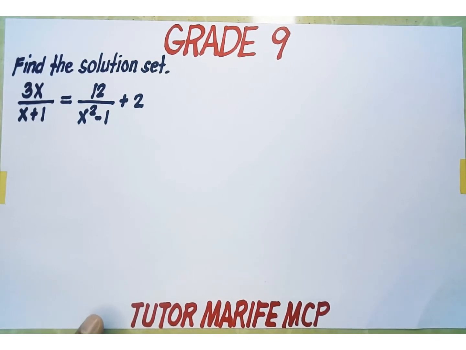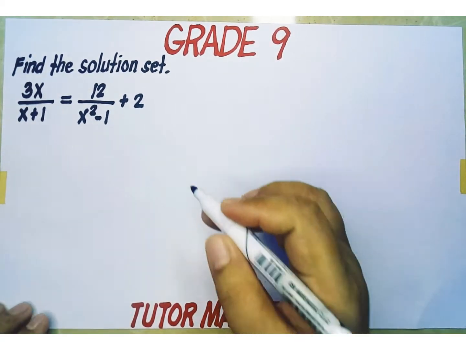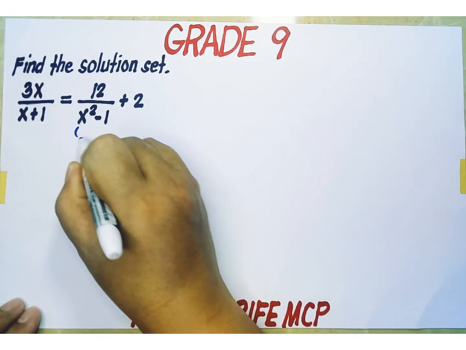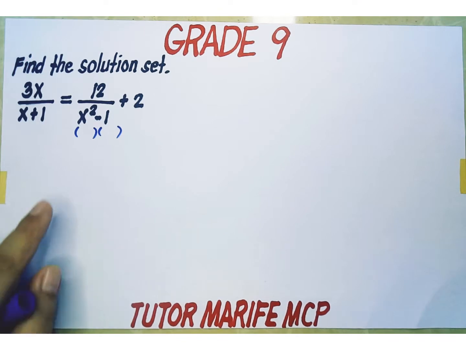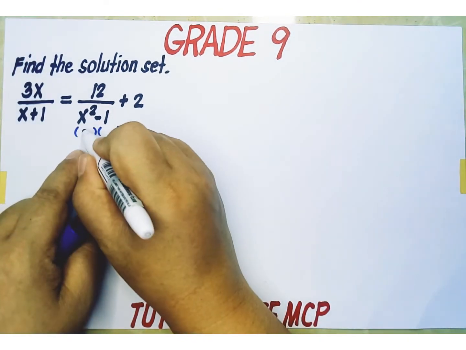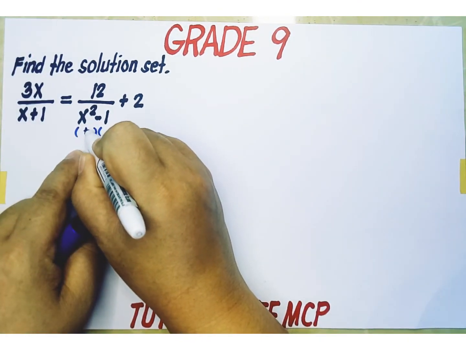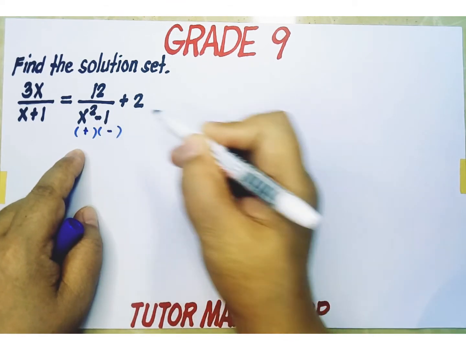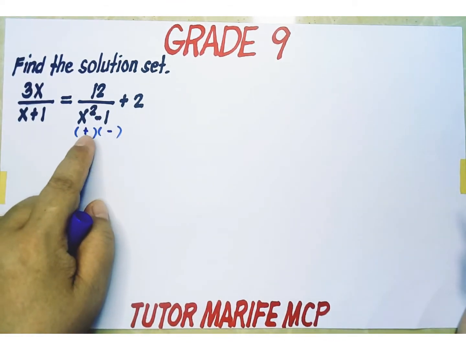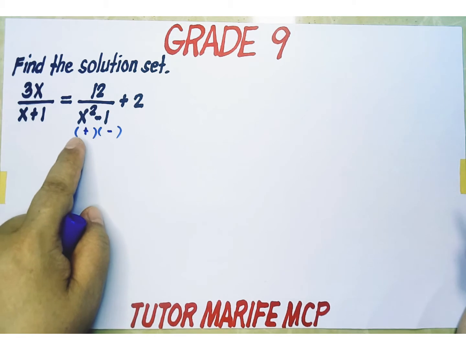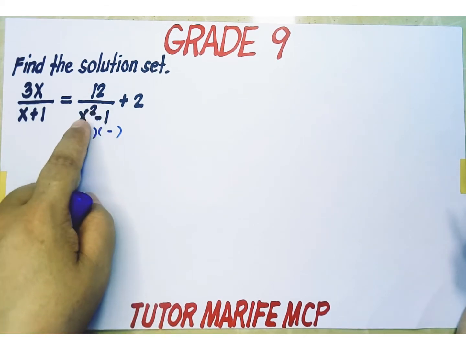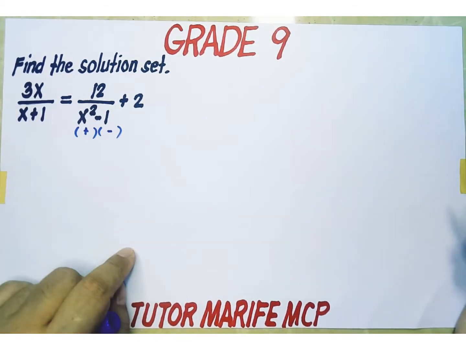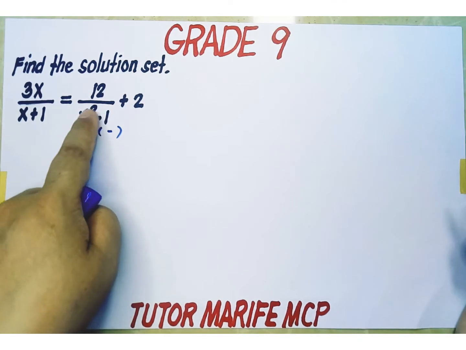Magiging two binomials ang x squared minus 1. Ano yung two binomial factors ng difference of two squares? Yung isa, binomial sum, yung isa, binomial difference. Ano yung magiging terms dito? Yung first terms ng two binomial factors natin is the square root of the first square.